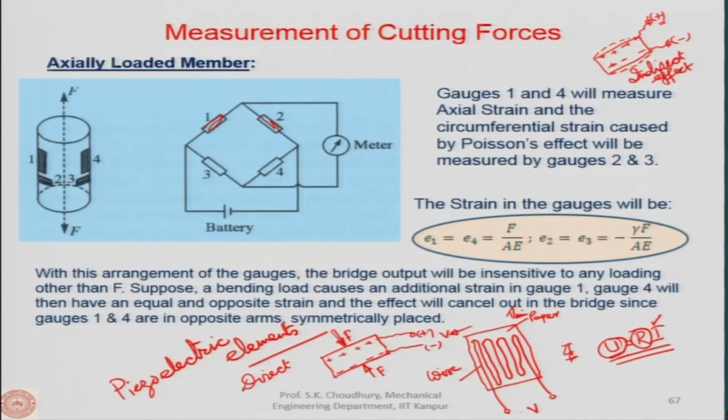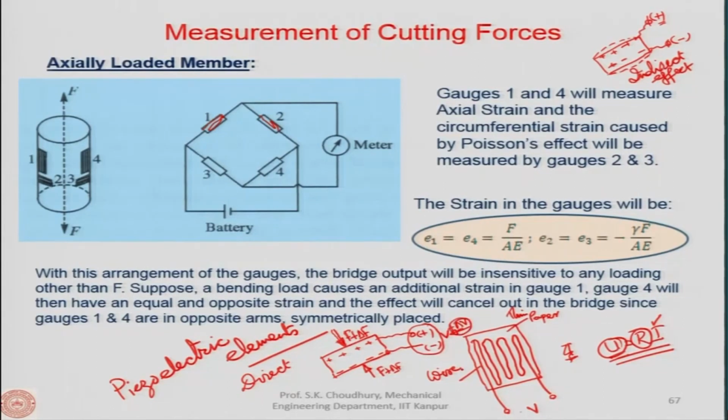Depending on the voltage that you get at the output, you can find out what F is. Now, if you change the force by delta F, so F plus delta F, then V will be V plus delta V.